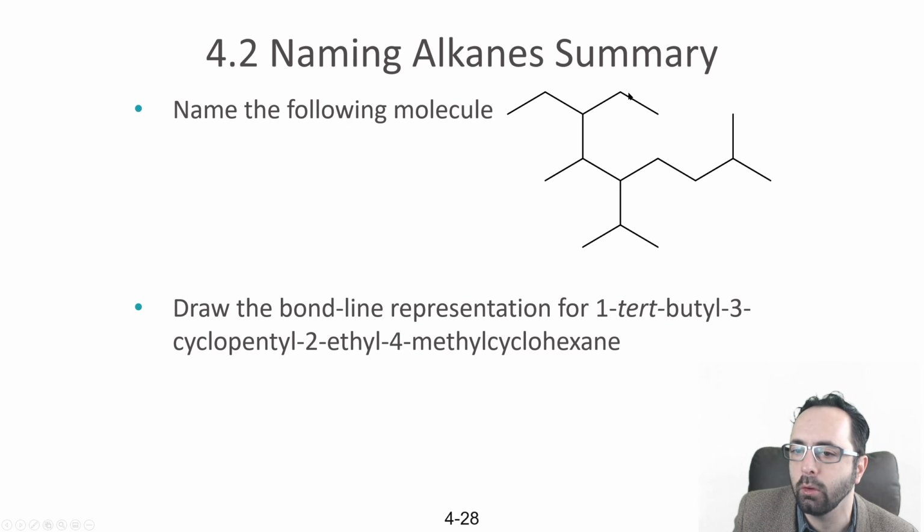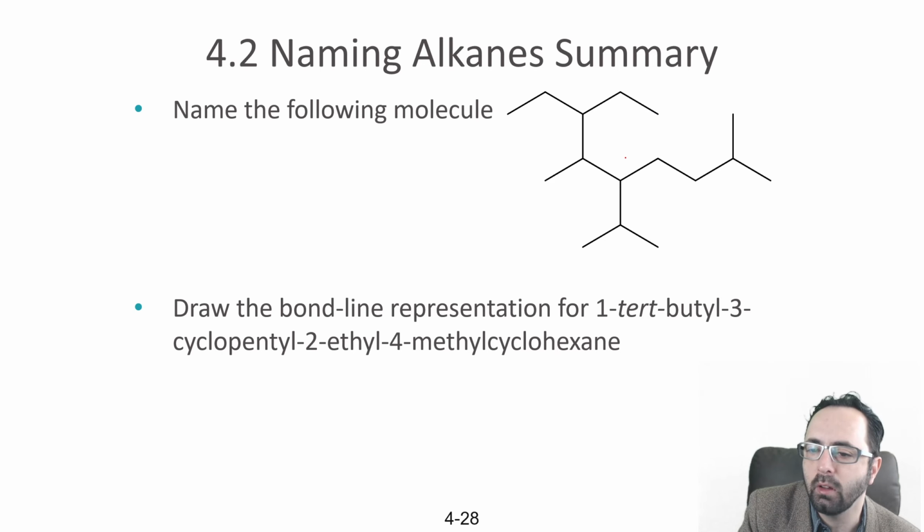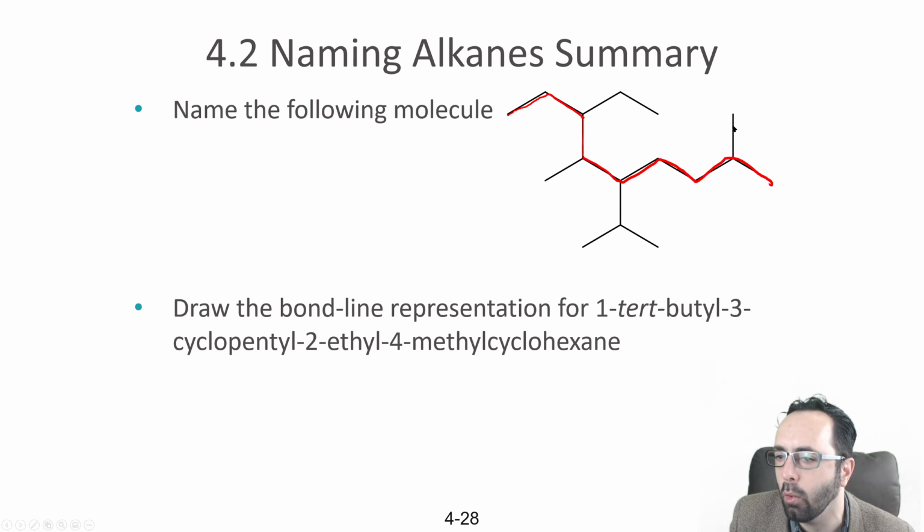Notice that they both have 2 carbons. So in terms of visual appeal, I think it's good to start here. 1, 2, 3. So 1, 2, 3, 4, 5, 6, 7, 8, 9. And we could either go up or right here. It's the same.